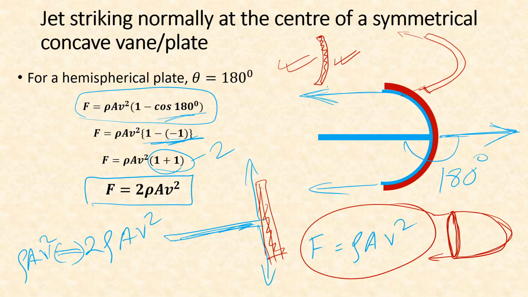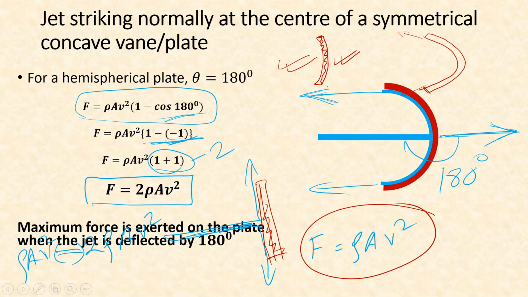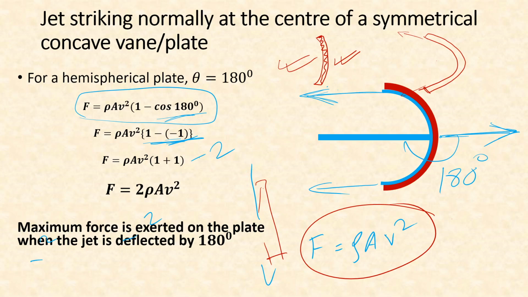So the basic principle is that the greater the angle by which we can deflect the jet, the more will be the force acting on the plate. The maximum force is exerted on the plate when the jet is deflected by 180 degrees.